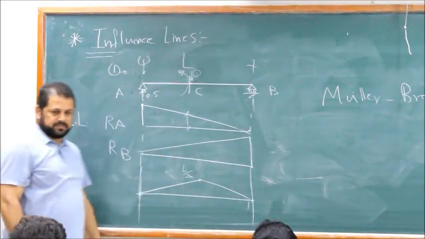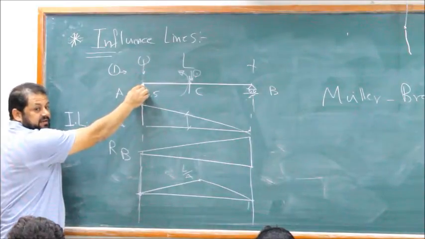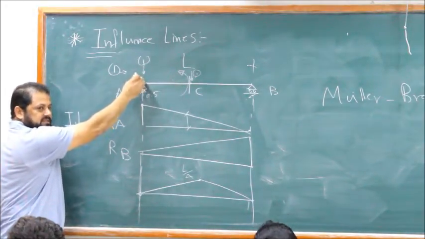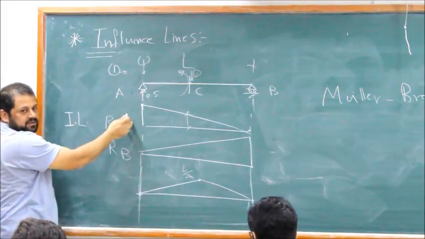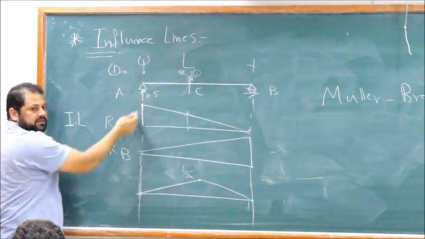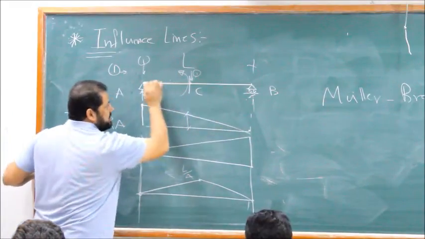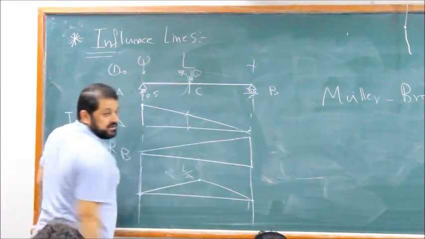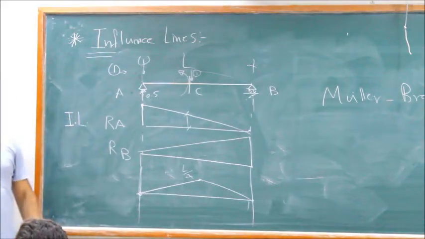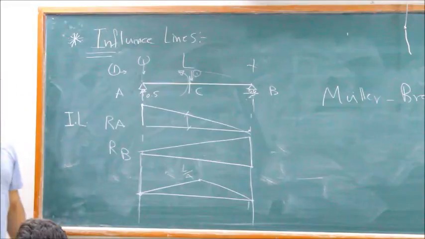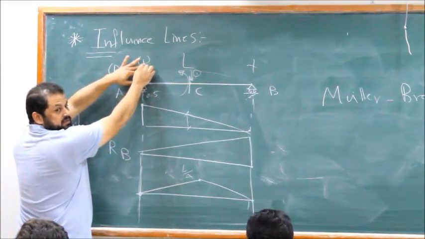Easy one. If you want to find the reaction here, give freedom for this support or this location to move in the direction of the reaction. In other words, move it 1. So move this one 1, and the other point is here. The deformed shape is, to some scale, the influence line. If I allow this one to go here 1, what's the deformed shape?